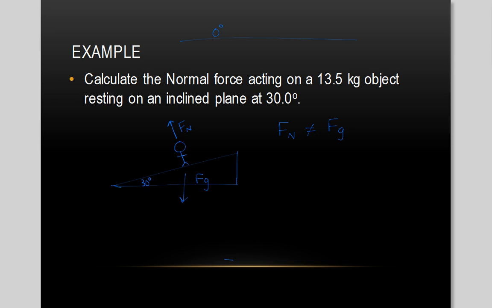We'll leave it for now. You can easily calculate the normal force from the formula, Fg cos theta, if you want to do that. You can finish this question off if you like. But the takeaway from this slide is that the Fn doesn't always equal the Fg. The Fn only equals the Fg on flat surfaces.